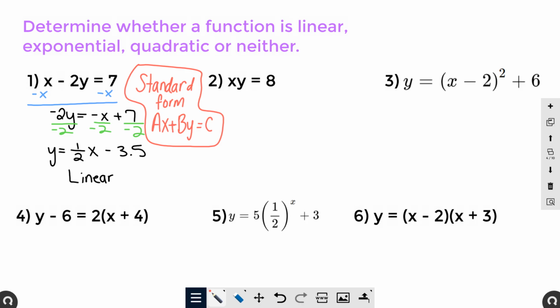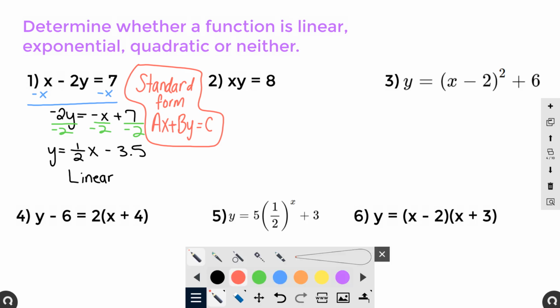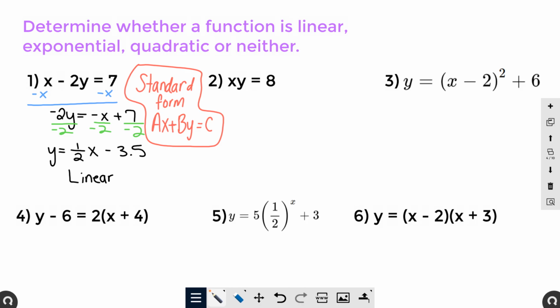AX plus BY equals C. That is the standard form of a linear equation. And in Math 1, some of you may have talked about that, but some of you may have skipped it because a lot of times we just said solve it for y, put it in slope-intercept form because that's easier to graph.